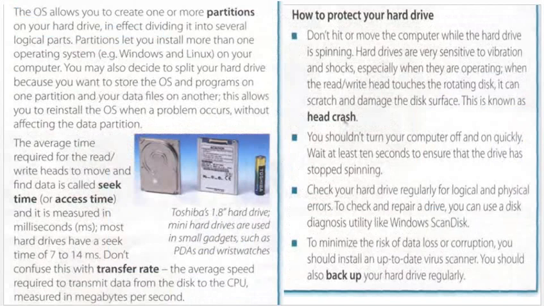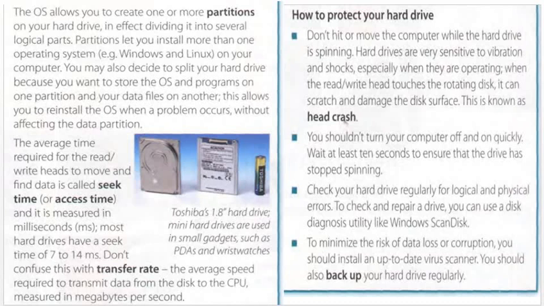The operating system allows you to create one or more partitions on your hard drive, in effect dividing it into several logical parts. Partitions let you install more than one operating system, for example Windows and Linux, on your computer.